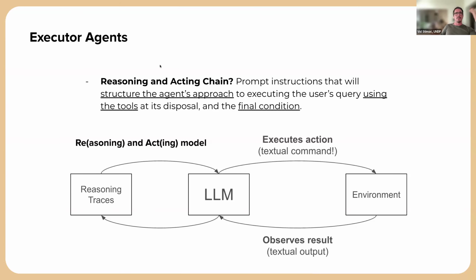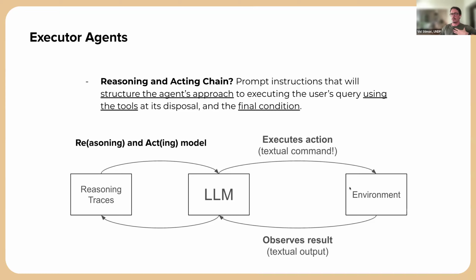So there's a reasoning and acting chain that we put in, and these are prompt instructions again, and I will show you a concrete example that structure the agent's approach to executing the user's query using the tools at their disposal. And it also adds the final condition, because at one point, the agent has to be done and conclude that it has answered your query after using all the various tools and to give you the result, right?